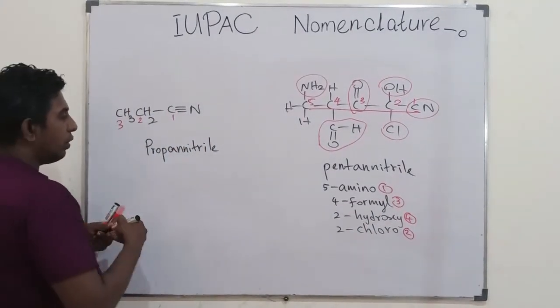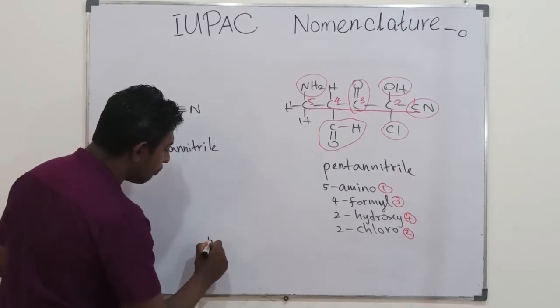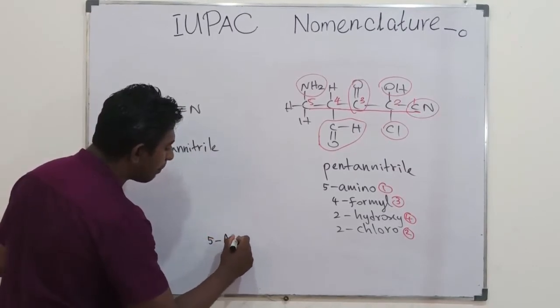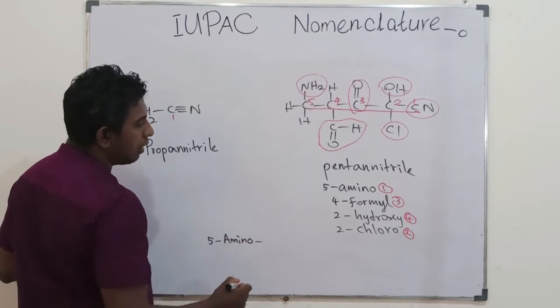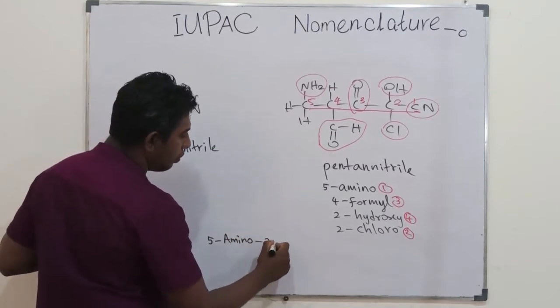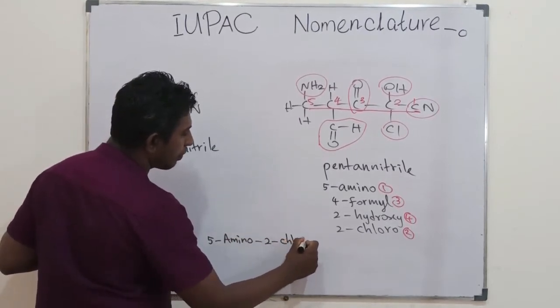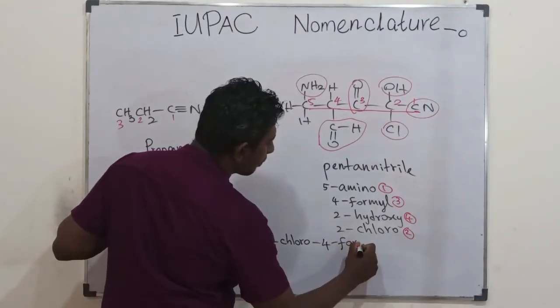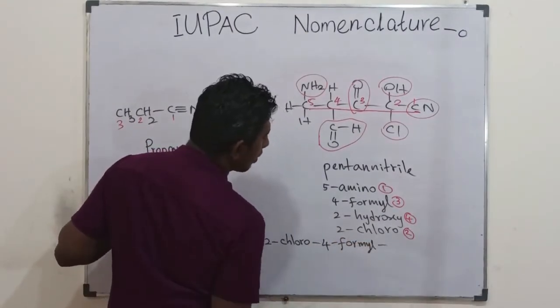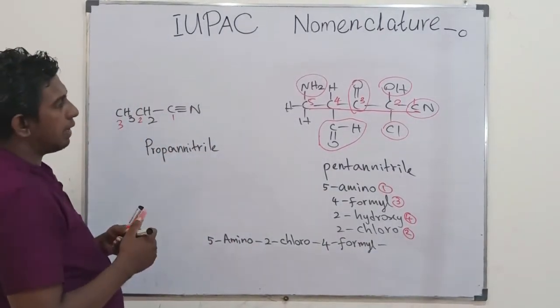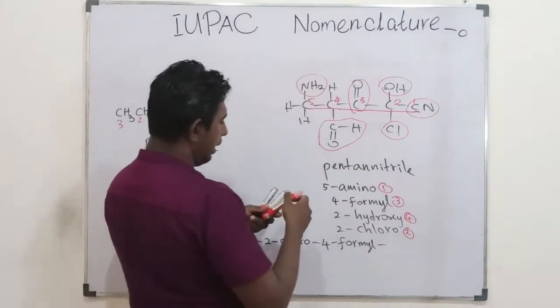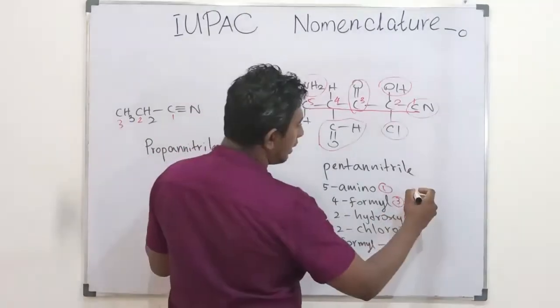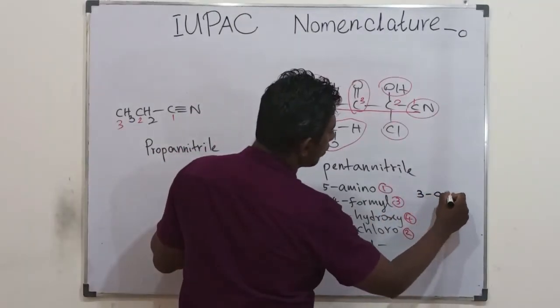So in that order, it's 5-amino, 2-chloro, 4-formyl. We have another functional group, oxo. It's on the third carbon, it is 3-oxo.